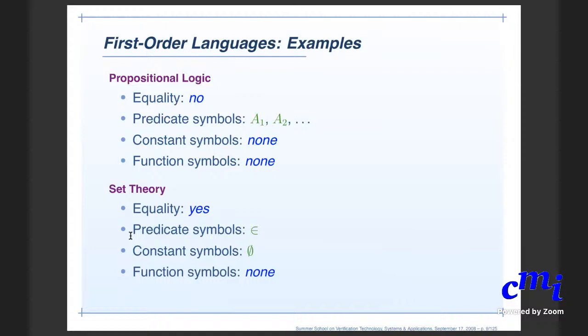These represent predicate symbols, constant symbols, and function symbols, which represent various operations on the domain that are part of the theory.